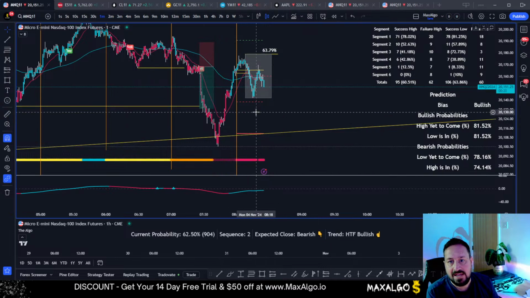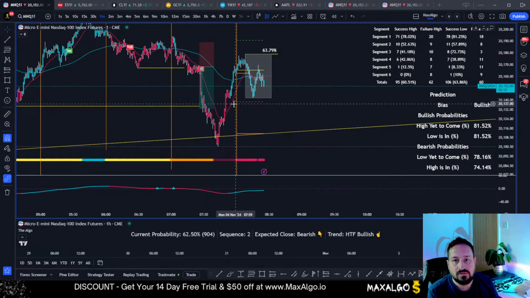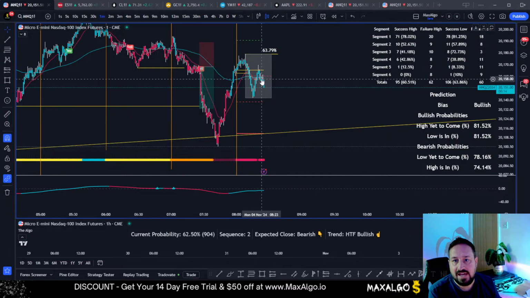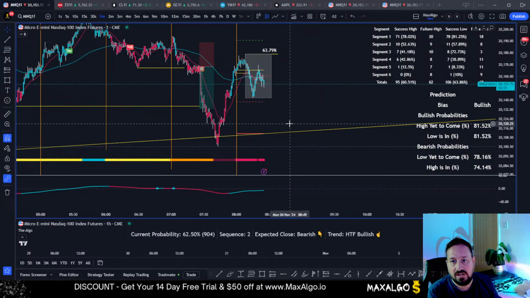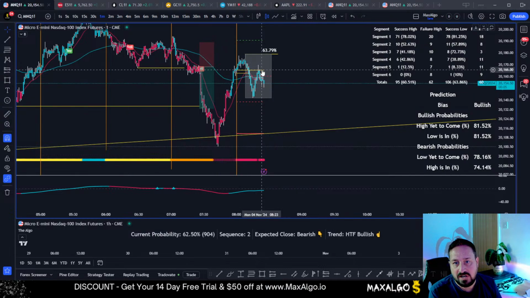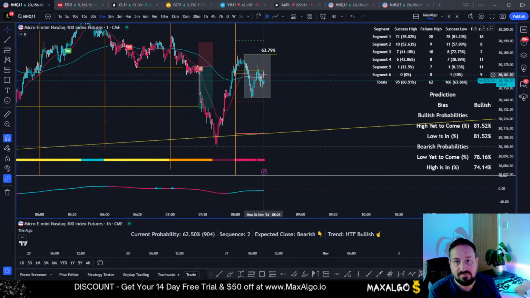Well, let's say we take the previous hour's low, we know there's a high probability of us getting a retracement and getting a better price to get in to then take that trade. So for me, it's not just about playing the retracement trade, it's about what's the probability of me getting a better entry, right? What's the probability?